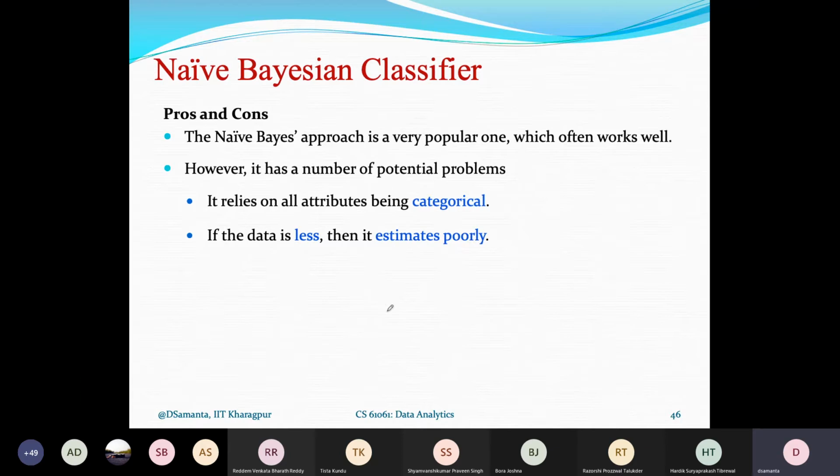And the second problem is a very serious problem. If the data is not balanced, balance means the data should be given in such a way that all sample values have a significant amount of each possible categorical attribute value.